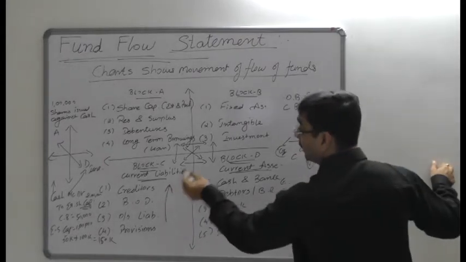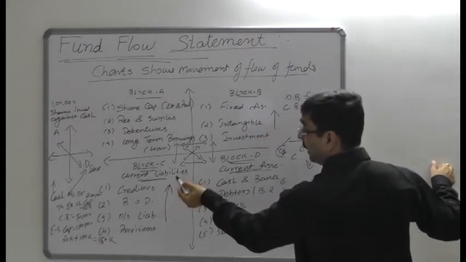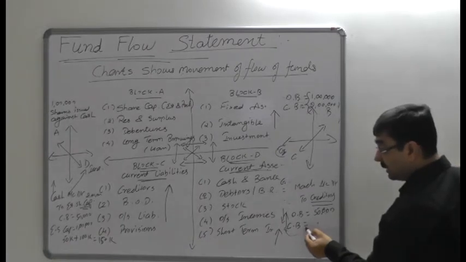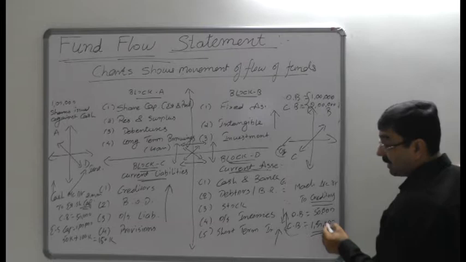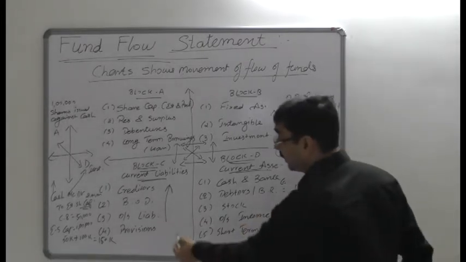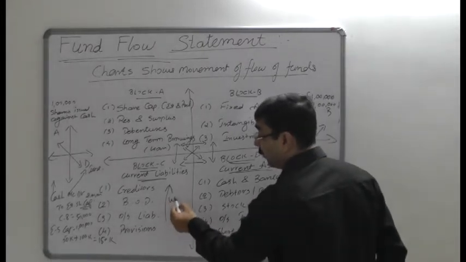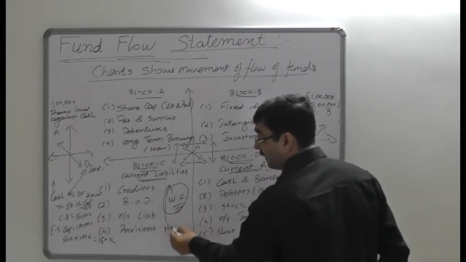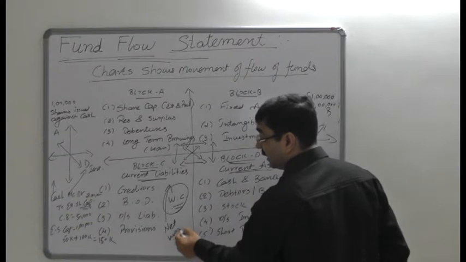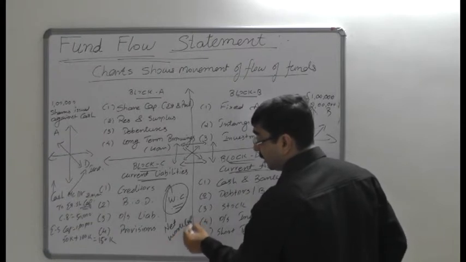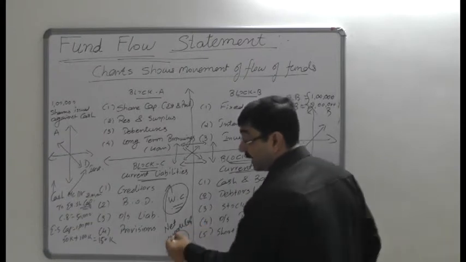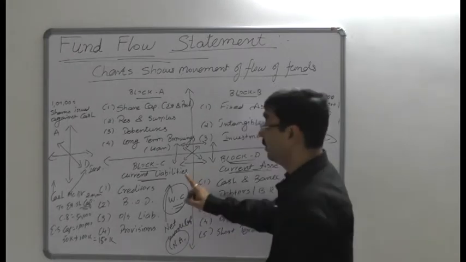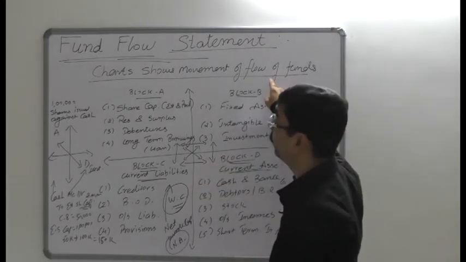Machinery is increased, creditors also increase, from 50,000 to 1,50,000. So the closing balance is increased by 1 lakh. It changes your working capital, and because of the change of working capital, it affects the net working capital or net assets. If it affects the net assets, then it would affect the flow of funds also.